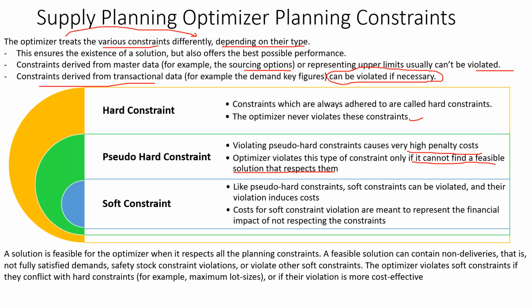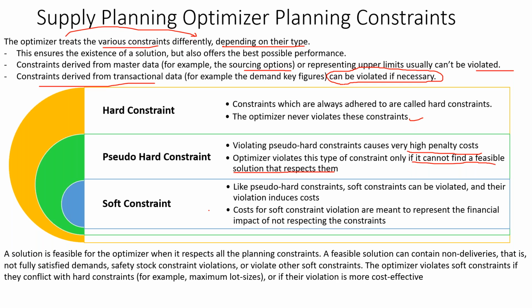Soft constraints, like pseudo hard, can be violated, and their violation induces costs. The costs for soft constraint violation are meant to represent the financial impact of not respecting the constraints. So soft constraints can be compromised, but you can definitely prioritize your soft constraint by maintaining a very, very high cost, and then the optimizer will respect that particular soft constraint, because the violation cost that you maintained is so high.